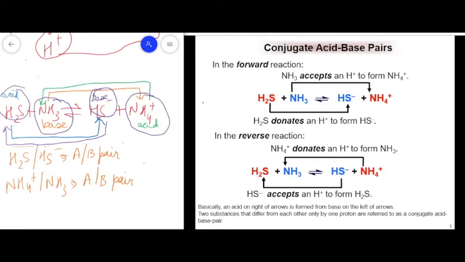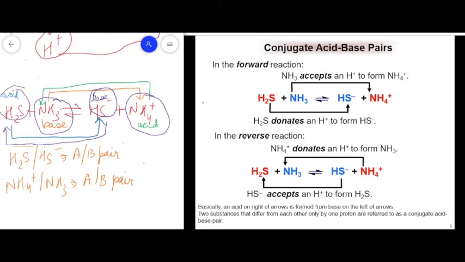So essentially, I would say the major difference between an acid-base pair, for instance, right here, is a proton. So H2S has one extra proton, HS minus has one less proton. So these two differ by just one proton. So the two substances that differ from each other by one proton are referred to as a conjugate acid-base pair. For instance, right here again, NH4 plus and ammonia. Ammonia has one less proton, NH4 plus has one more proton.